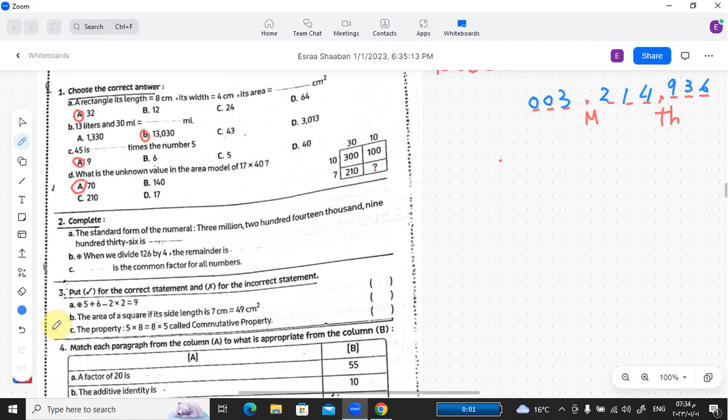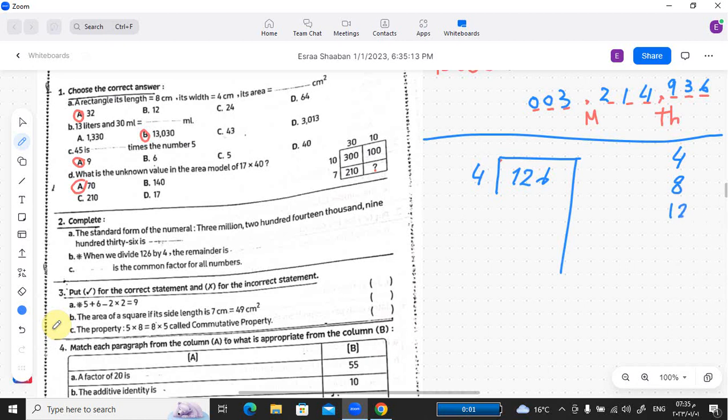Okay. When we divide 126 by 4, the remaining is, so we need to do it as long division. Let's start. Put the dividend inside and the divisor outside. And write the table of divisor: 4, 8, 12, 16, 20.